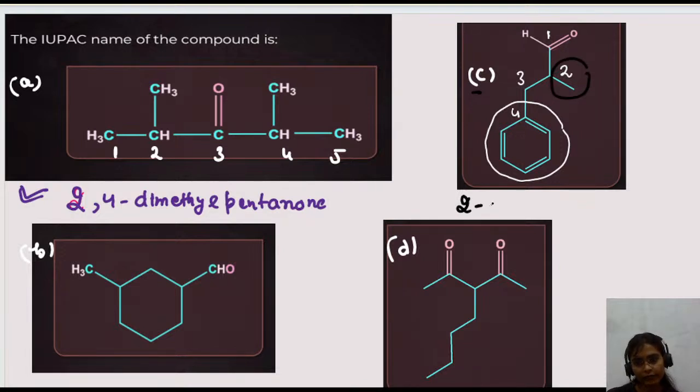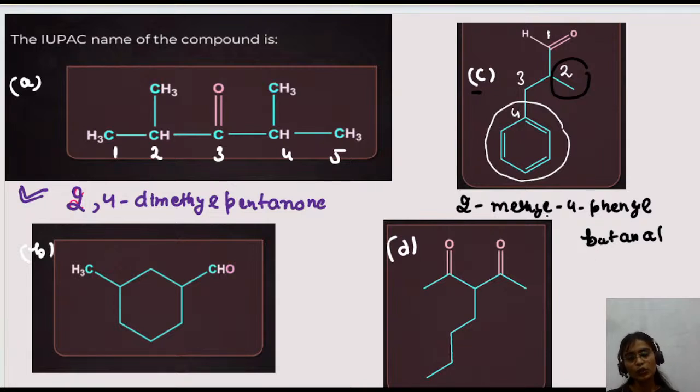So it's 2 methyl and then 4 phenyl, and 4 is the carbon there, so it's a butanal. So this is the name: 2 methyl, 4 phenyl butanal. This is the answer for this question.